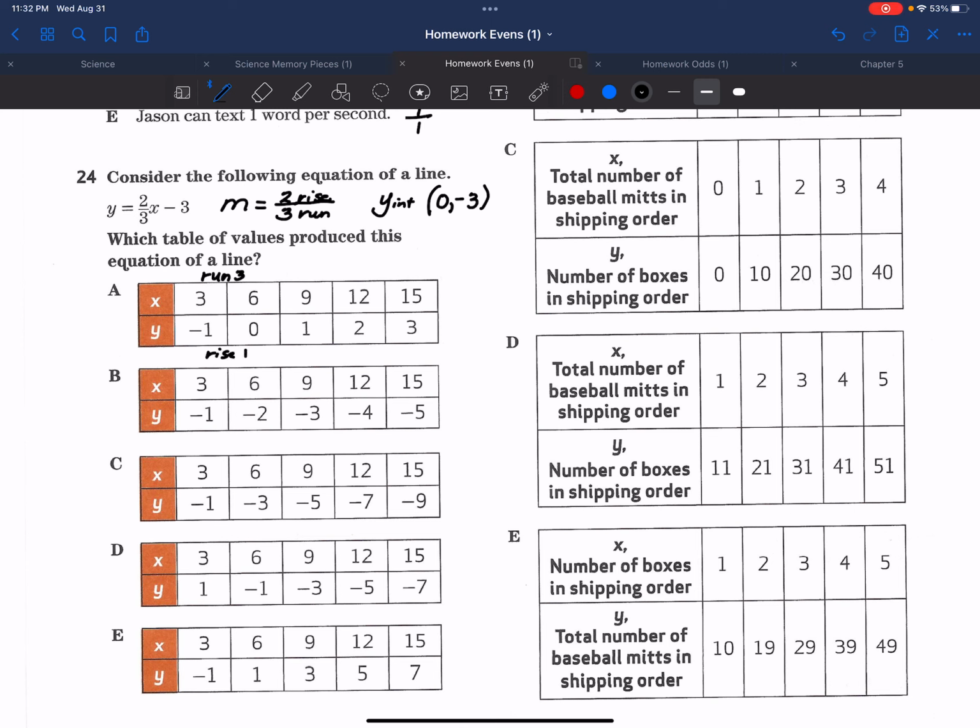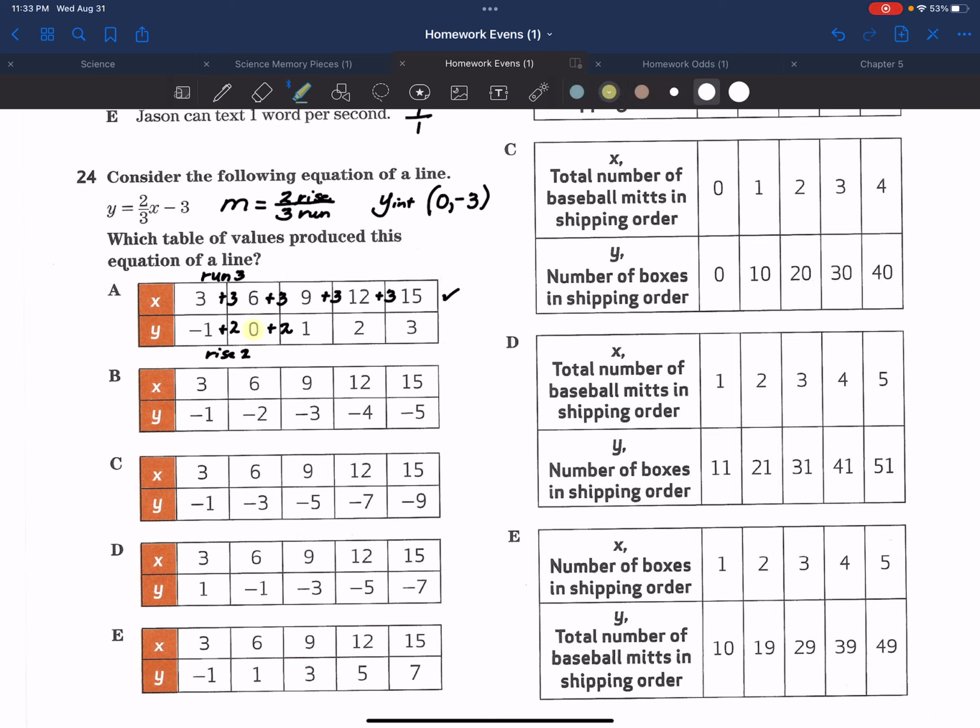So let's see if that holds true in this first table. 3 plus 3 is 6. 6 plus 3 is 9. 9 plus 3 is 12, and 12 plus 3 is 15. That checks. Negative 1 plus 2, we rise 2, is 1. But 1 plus 2 is not 1.